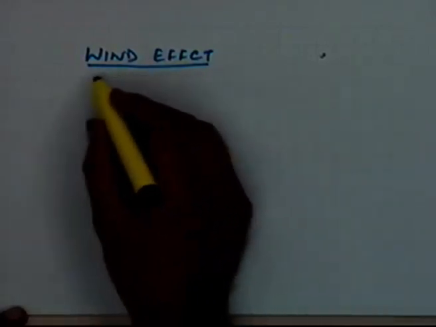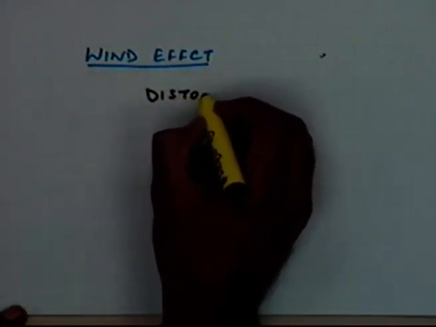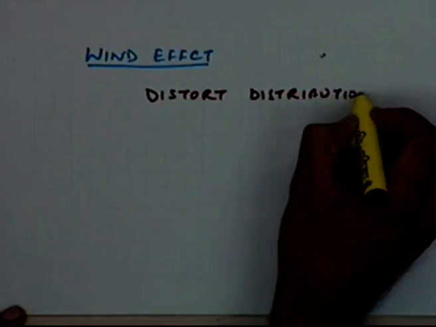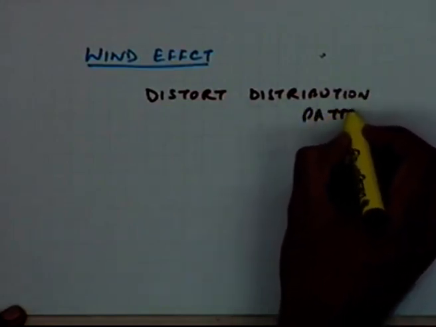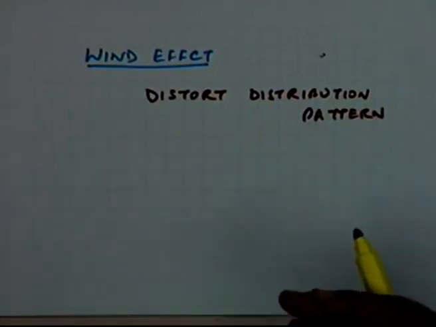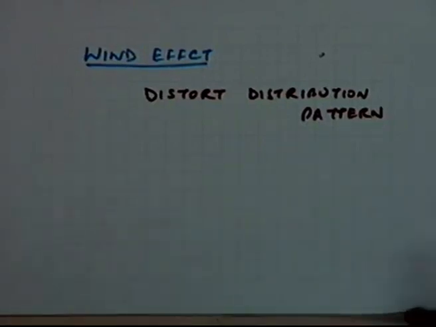So the major effect, or the only effect, of the wind is to distort the distribution pattern. Once the distribution pattern gets distorted, getting the overlap becomes more difficult, and that is the situation where you won't be able to get a uniform depth. It will be more and more difficult to get uniformity of the application depth.